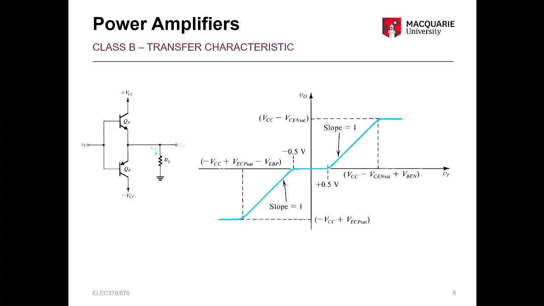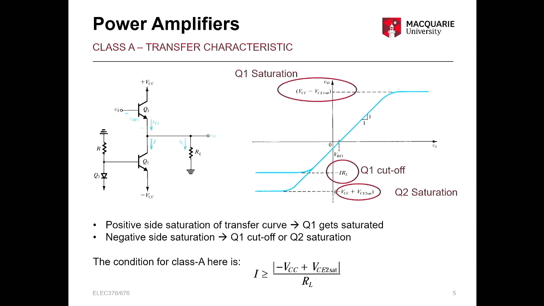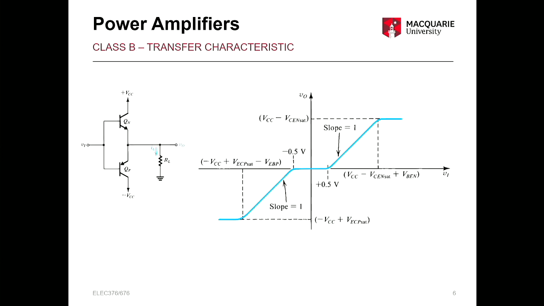Then we have class B. And as I mentioned, the issues with class A: poor power efficiency. You also notice that there's that VBE1 offset, okay? So that can be a bit of an issue as well. Class B doesn't have a direct offset for the whole curve, but you do have the deadband, okay, which is a bigger problem. And as you remember from last week, that leads to crossover distortion.